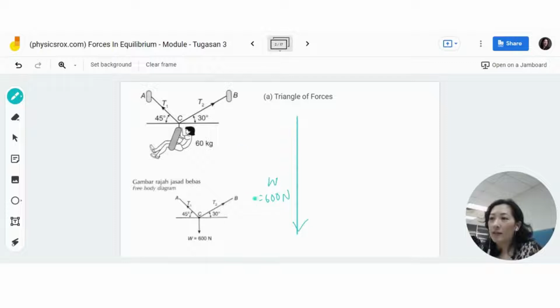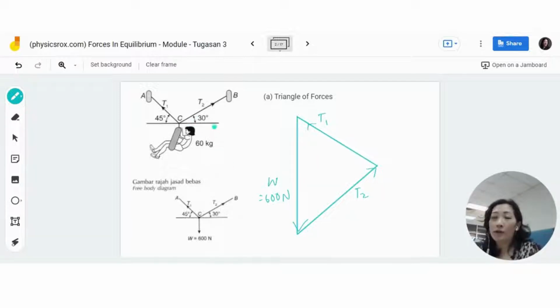So we've got T1 going up. You can either draw T1 or T2, but because I've drawn it this way, there's no space for T1. So I'm going to draw T2 from the tip of this arrow up diagonally to the right. Label this as T2. And then complete the triangle with a line that goes up diagonally left, T1.